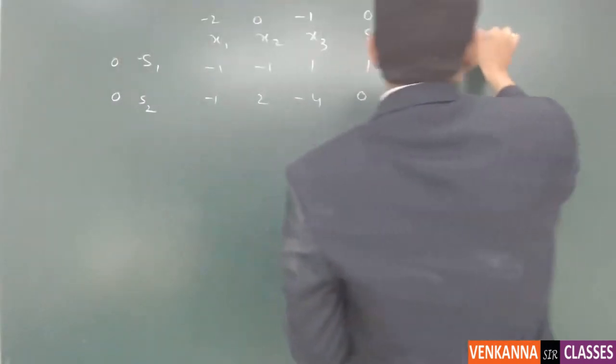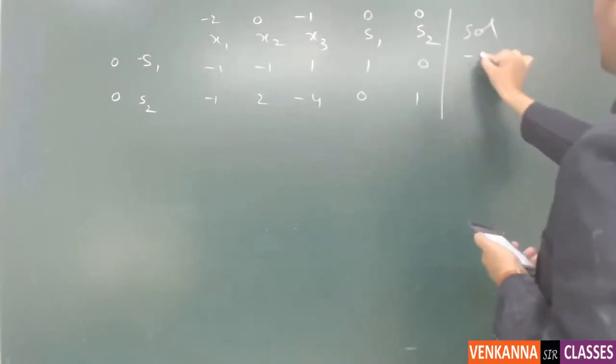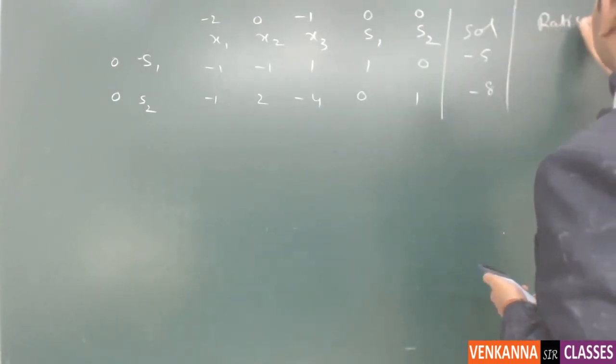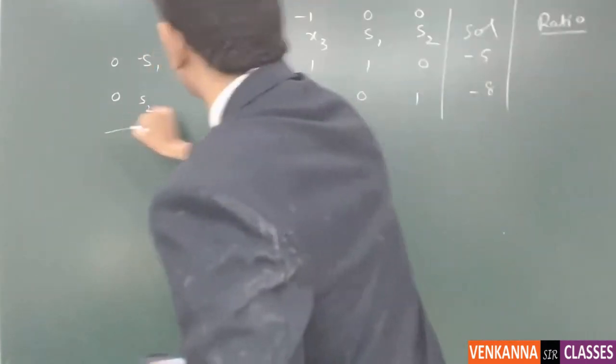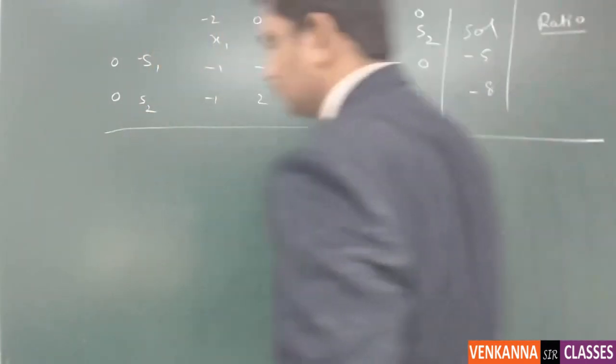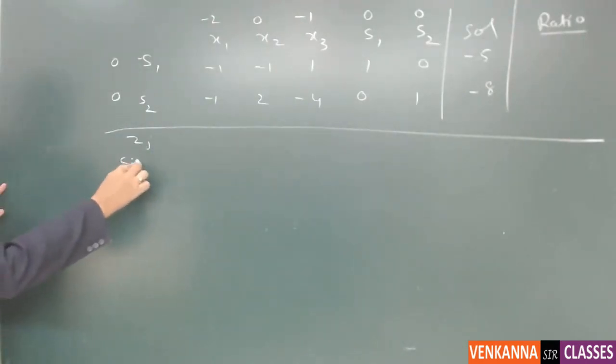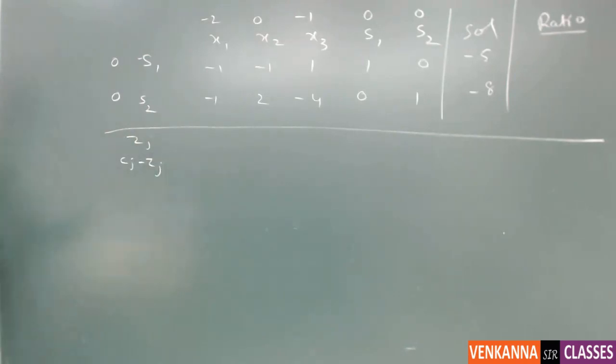And the solution will come as -5, -8. And you are going to calculate the ratio next. So I request you to calculate Zj as well as Cj minus Zj first. Then I will describe the procedure.